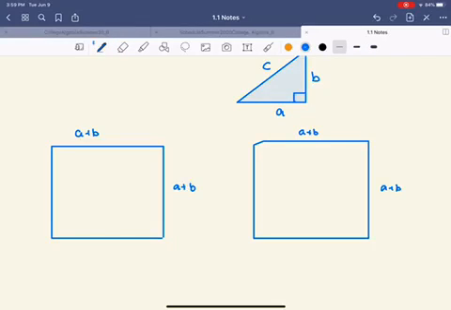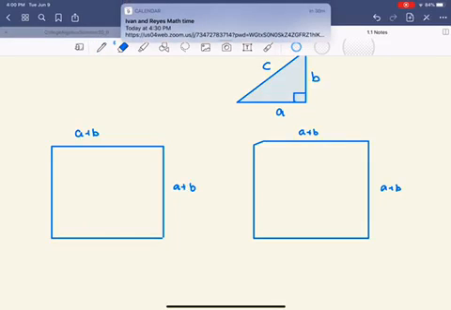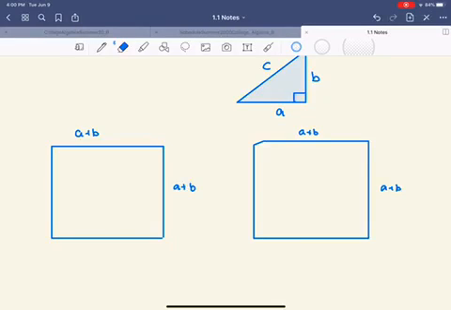Okay, so over here on this left side, we're going to say we have A here, B here, and we have A here, B here.